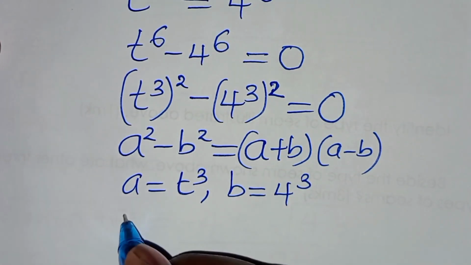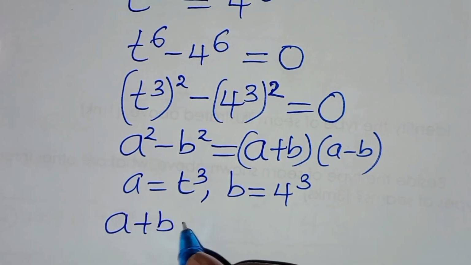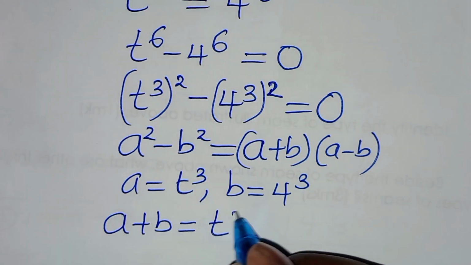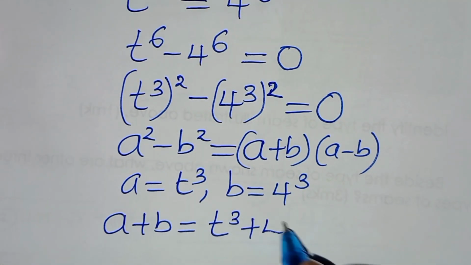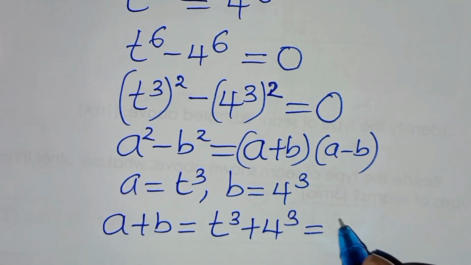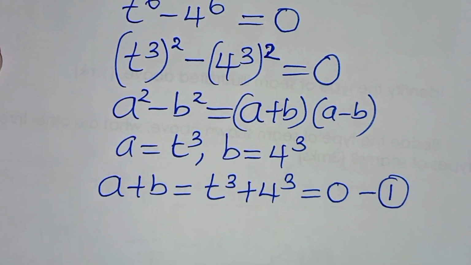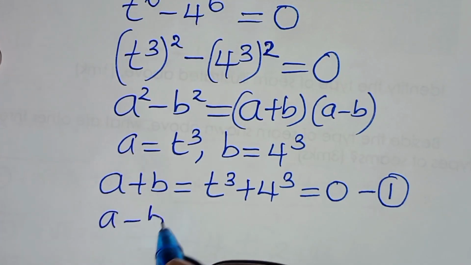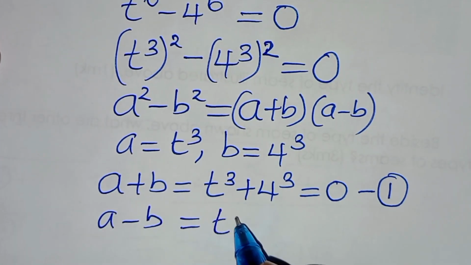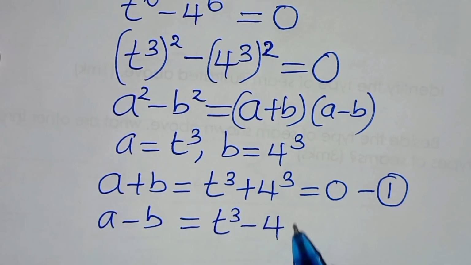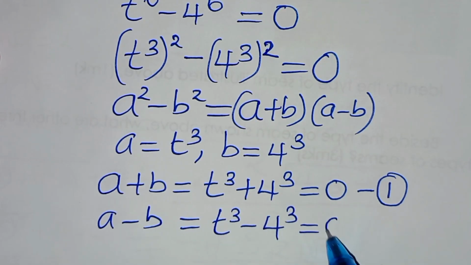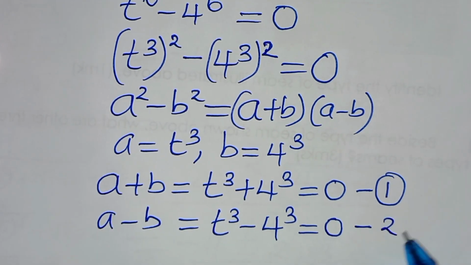So a plus b, the same thing as t to the power 3 plus 4 to the power 3, equal to 0. Let's call this equation 1. And then a minus b, equal to t to the power 3 minus 4 to the power 3, equal to 0. Let's call this equation 2.